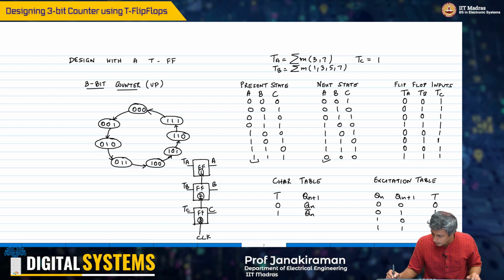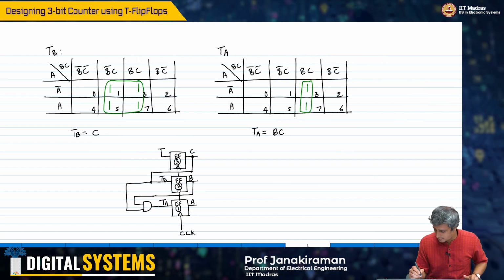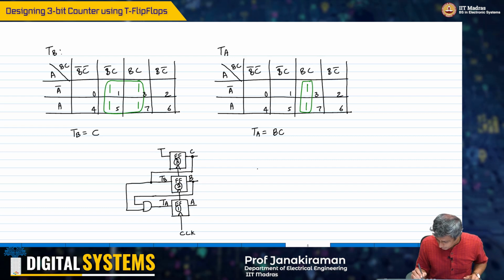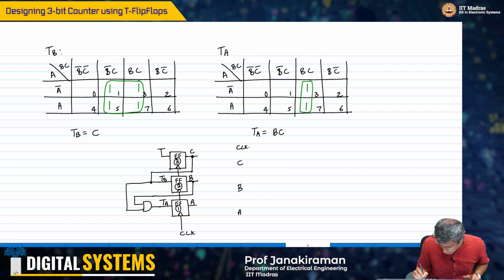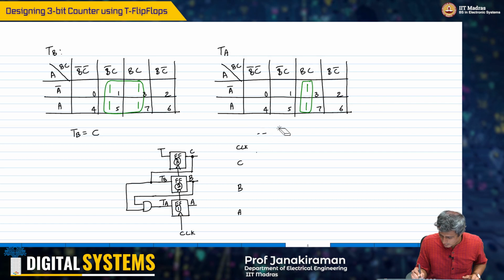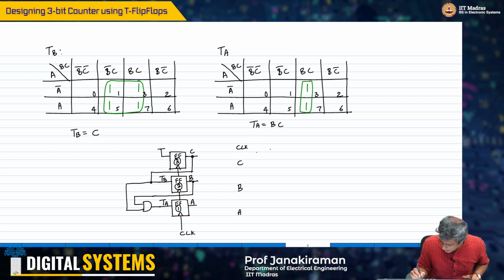If you just look at the waveform that you want as a function of time, if you look at C, B and A, let me plot this with respect to the clock. I'll move this up, TA equal to BC.